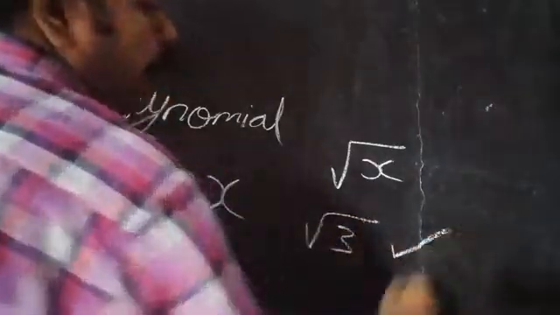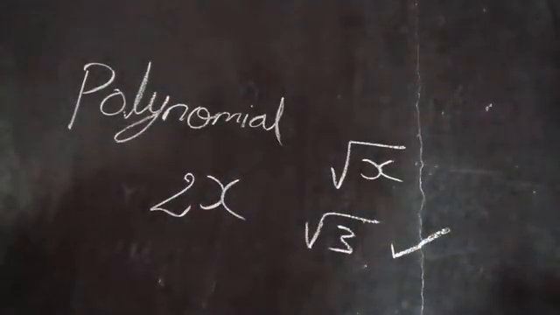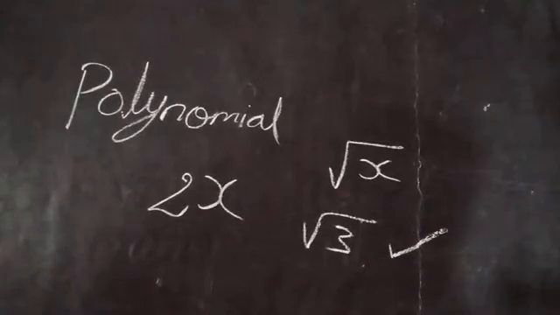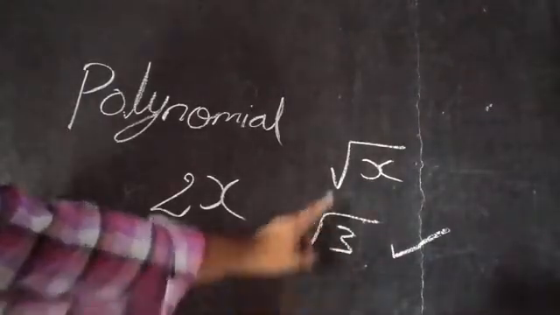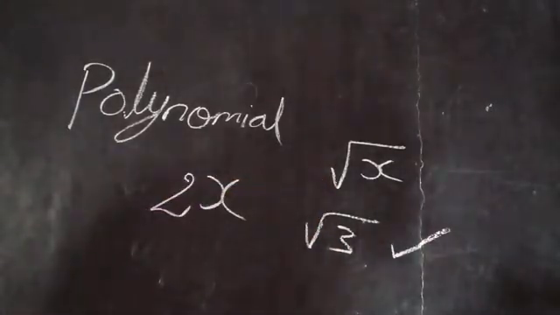Root 3 is a polynomial. The root should not be on an alphabet. A root is possible for a number, but a root should not contain an alphabet. If an alphabet has a root, it is not a polynomial. If a number has a root, it is a polynomial. That is the first condition.